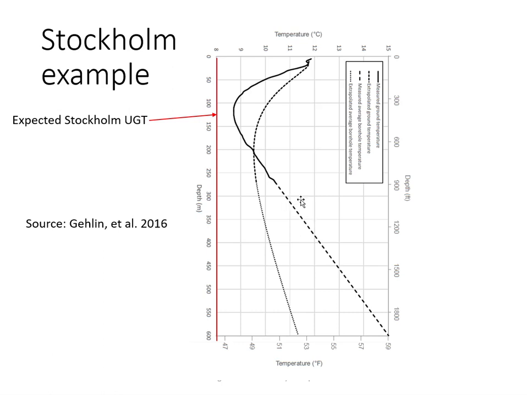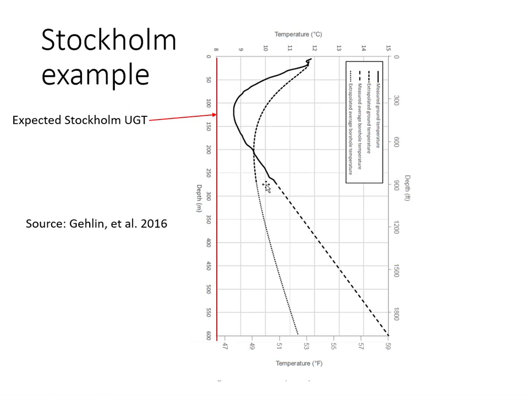I don't know if we can find a good place on here, but from, say, 300 meters down to 600 meters, it's changing about 4 degrees over 300 meters, so that would be about 1.33 degrees C per 100 meters.